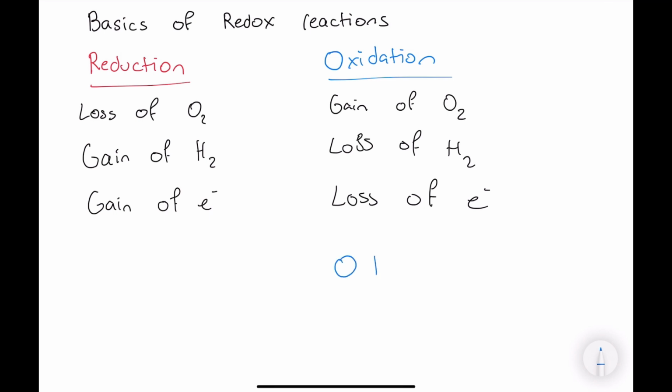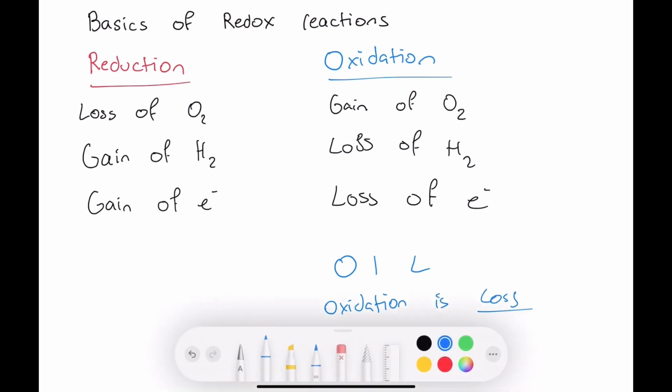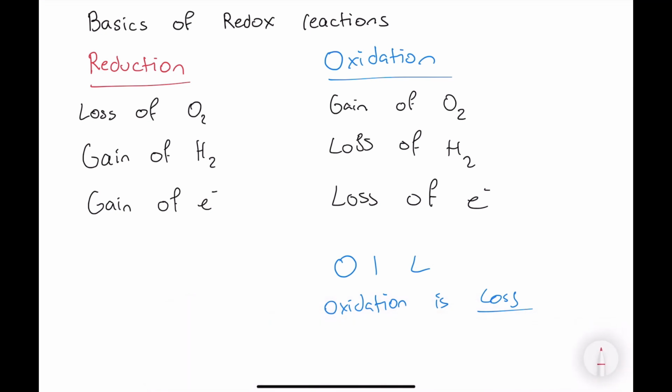So OIL, oxidation is loss of electrons, and RIG, reduction is gain.